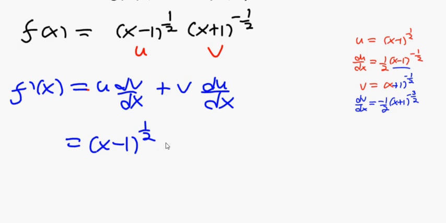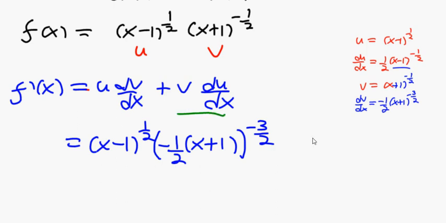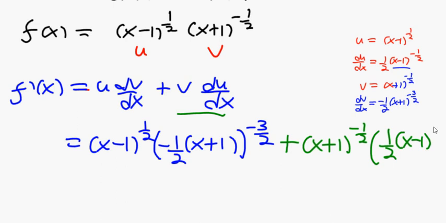The dV dx is minus a half, multiplied by minus a half. Excuse me. X plus 1 power minus 3 over 2. That's the first part. The second part I'll do in green. Plus V, which is x plus 1 to the power of minus a half, times du dx, which is a half, x minus 1 to the power of minus a half.